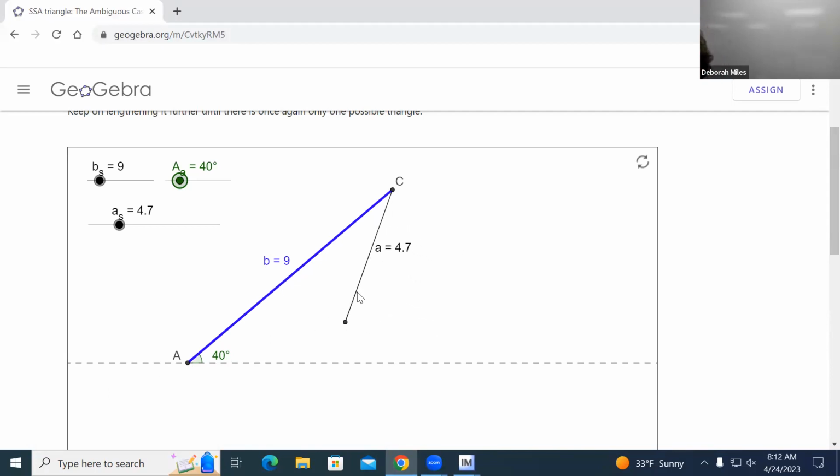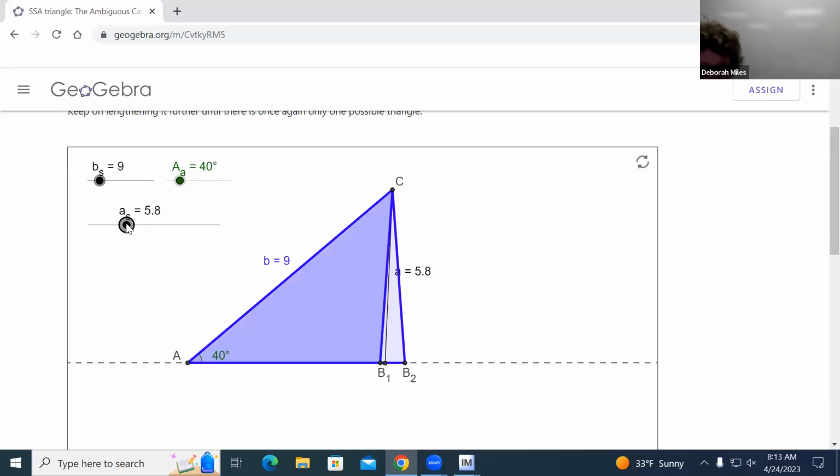You can tell that for a side of length 4.7 for A, that's just too short to make a triangle. If you're given a 40-degree angle and a side of 9 there, then the side opposite it would have to be just the perfect length. Sometimes I can hit the exact length, sometimes I can't.